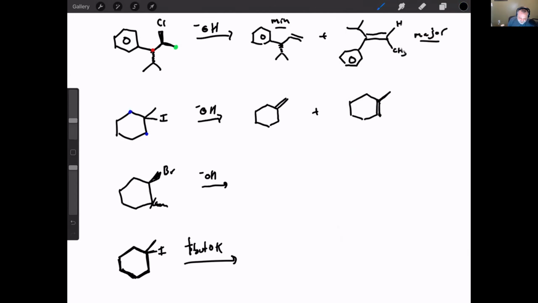Okay, and the next one I have is a bromine on a cyclohexane. The minor product for the cyclohexane, again with the small base, is going to be the Hofmann product. The Hofmann product will involve the double bond forming here, and that means the methyl group has the same stereochemistry and nothing else has changed.